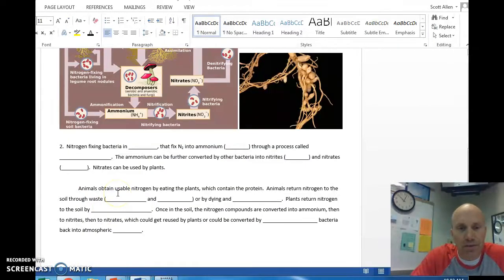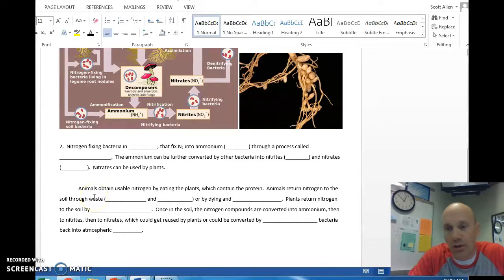So again, for something to be a cycle, there has to be a way for it eventually to get back to where it started from. If the nitrogen can go from the air into plants and animals, there needs to be a way for it eventually to get from plants and animals back to being in the air. So animals return nitrogen to the soil through waste.